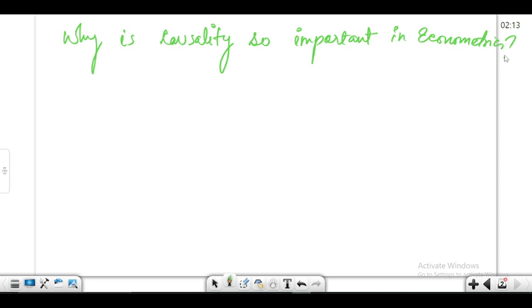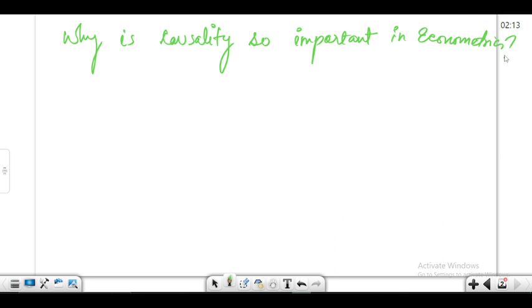Whatever impact x is causing upon y is one of the major key interests of econometrics. Eventually we'll end up looking for relationships between two variables and why these relationships exist. So causality becomes really important.